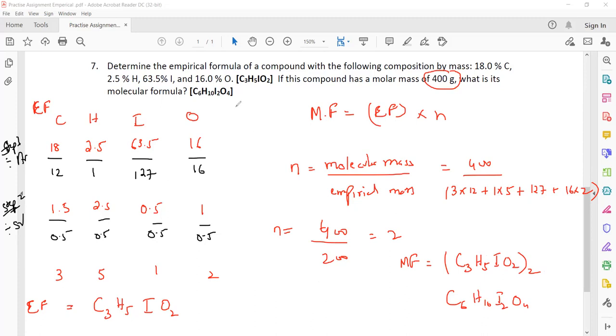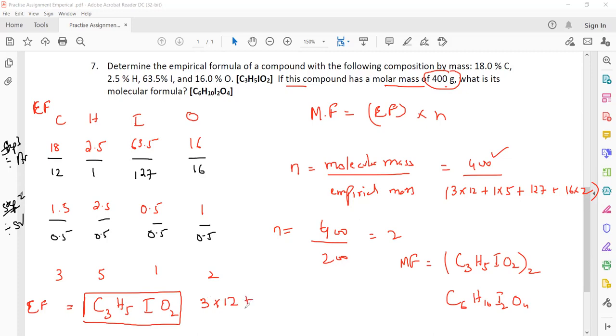How to find the value of N? N is molecular mass divided by empirical mass. As you can see, this compound has a molar mass or molecular mass, so the molecular mass is given. And how to work out the empirical mass? Empirical mass is from the empirical formula. So using a periodic table, as you can see, it contains 3 carbon atoms and the mass of each carbon is 12, so it will be 3 multiplied by 12.